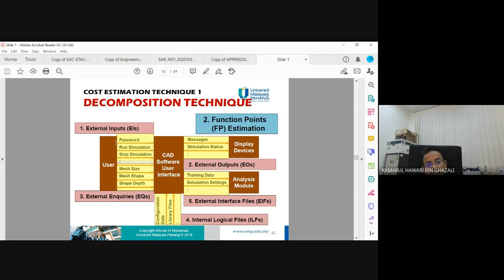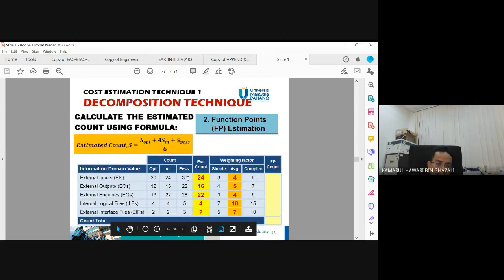Then we note all the functions, we name them as external input, external output, external inquiries, external interface, internal logic files. So this is the way to calculate it.